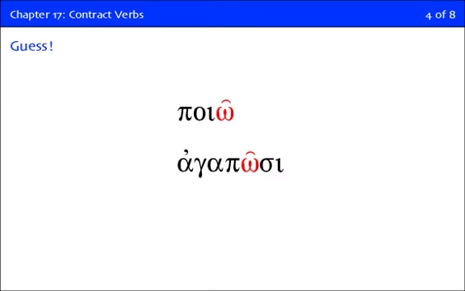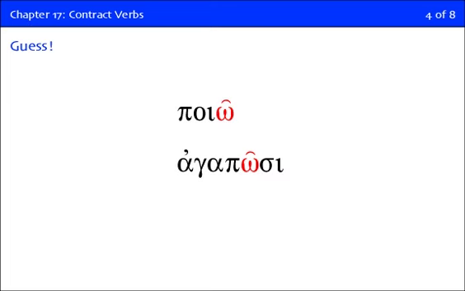Otherwise, you'd never know what that contract vowel is. So in the lexicons, we uncontract it, so you get poieo, agapao, pleirao. But when they actually occur in the text, the contraction has occurred, and the contract vowel has been swallowed up by the omega.